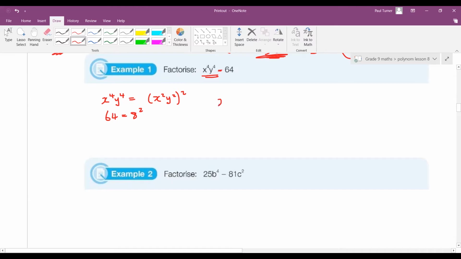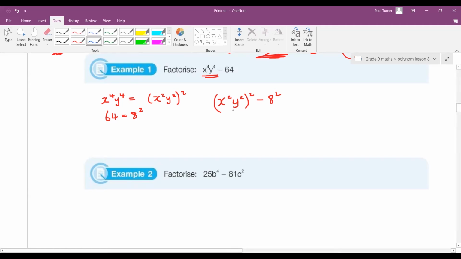If that's plus, we can't use this rule. So we'll write that again. x squared y squared, power 2, minus 8 squared. Like that. So we can use our rule, a squared minus b squared.